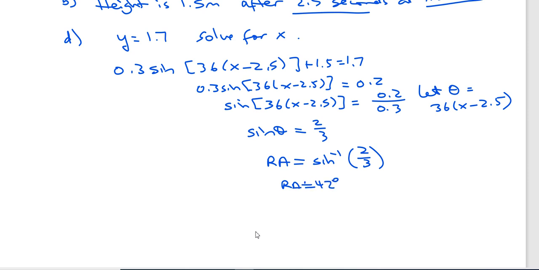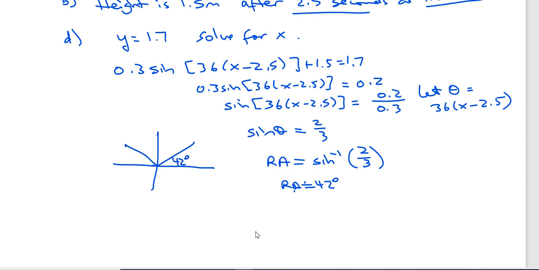Sometimes the question will ask you to round to one decimal place. Sometimes it says whole number. Generally for degrees we do the whole number, and for other units we do one decimal place, but it should specify in the question. Okay, so again, that's not theta, that is the related angle, and sine is positive in quadrant 1 and quadrant 2.